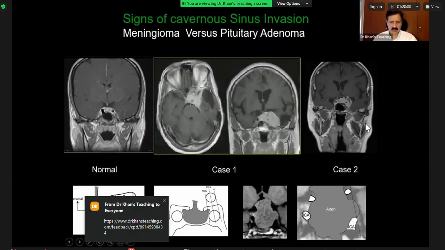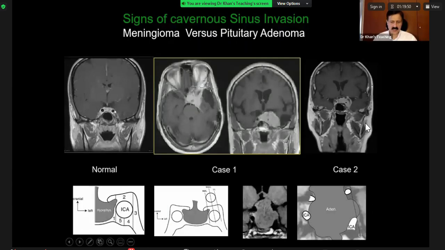This is the internal carotid artery on right side. At 1 o'clock position on the left and 11 o'clock position on the right, they say that there should not be more than 1.5 millimeter of enhancing focus. And you can see that there is a lot of this enhancing focus.